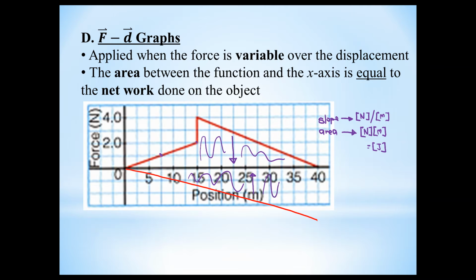I should point out that if you get work below the x-axis, the work would be negative. Negative work has nothing to do with direction. It just means that the object's losing energy. If you have an area above the x-axis, that means your work is positive, and if positive work is being done, then energy is being transferred into the object.